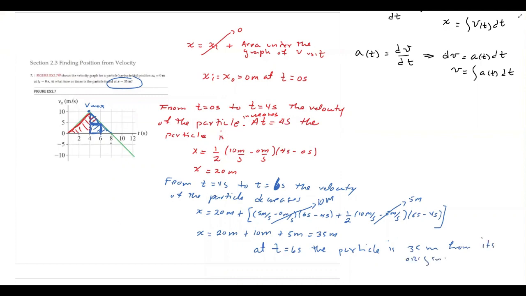Now, what happens in 2 more seconds, just to finish describing what is happening in this graph? In 2 more seconds, the particle is going to stop, right? So at t equals 8, the particle stops, and this is what is called a turning point, because the direction of the velocity is going to change.